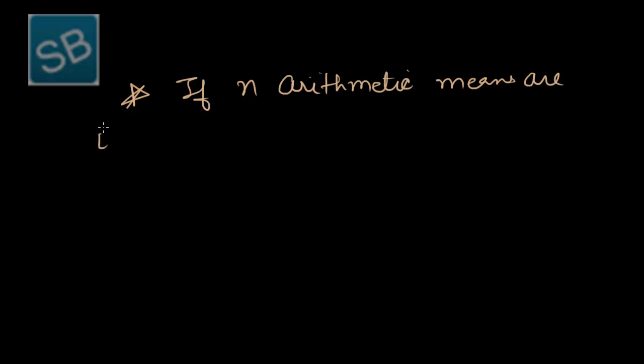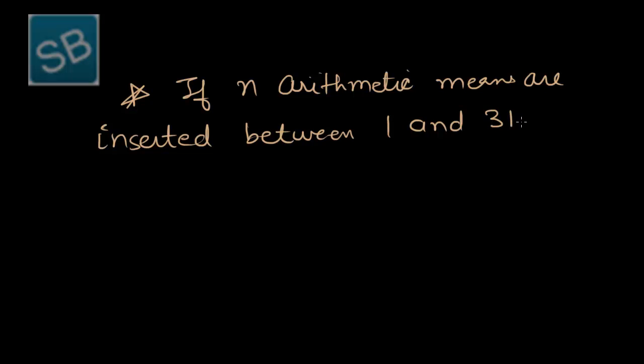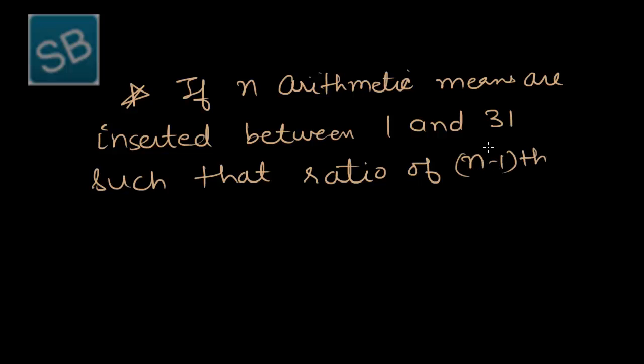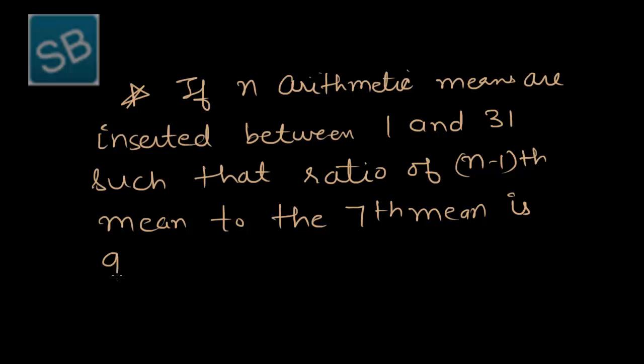Now the next problem, which is based on arithmetic mean: if n arithmetic means are inserted between 1 and 31 such that the ratio of the n minus 1th mean to the 7th mean is 9 to 5, then find n.